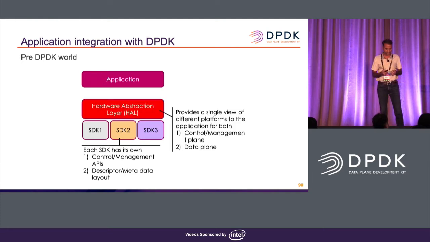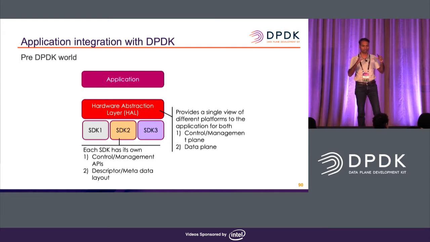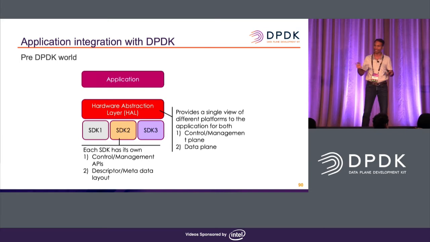In order to do that, they introduced the hardware abstraction layer. This hardware abstraction layer made sure that the application is independent of the underlying SDK. It provided a single view of all the SDKs to the application.